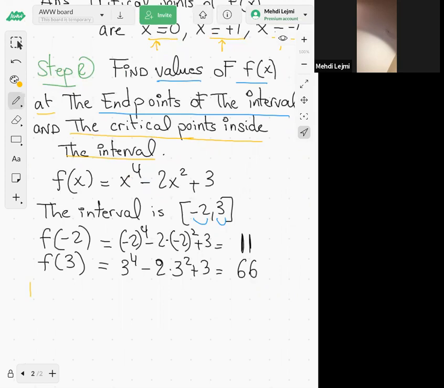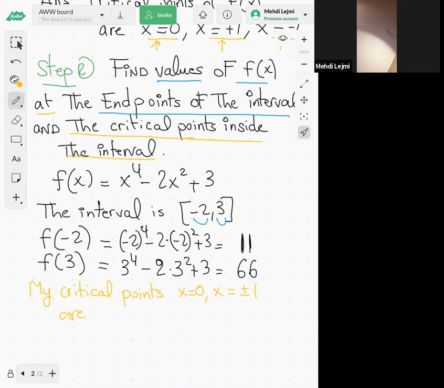Okay, so my critical points, x equal to 0, x equal to positive 1 and -1, all of them are inside my interval, or they belong to my interval, right?